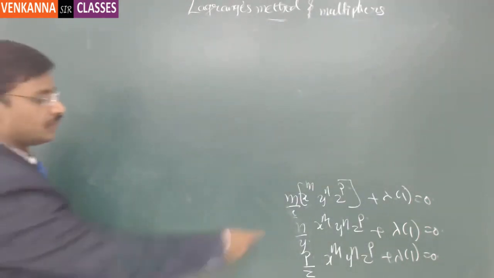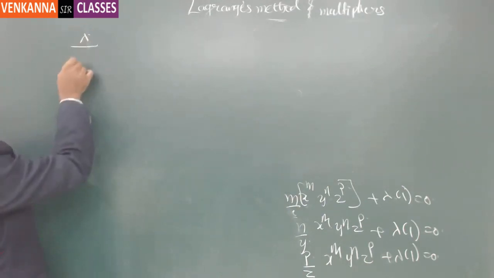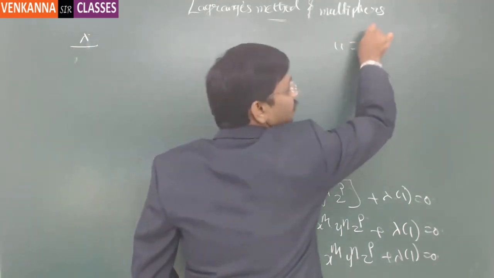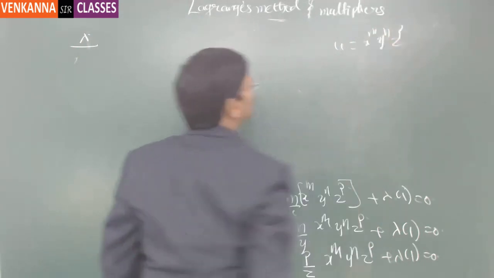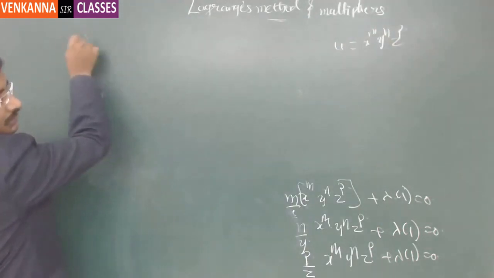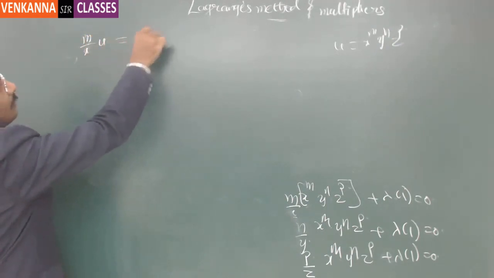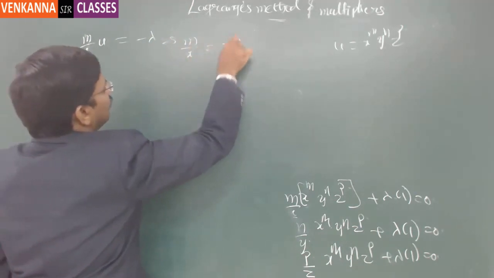Now these equations whatever we have got, if you notice, the original function u is equal to x power m into y power n into z power p. So m by x times u is equal to minus lambda, or m by x is equal to minus lambda by u.